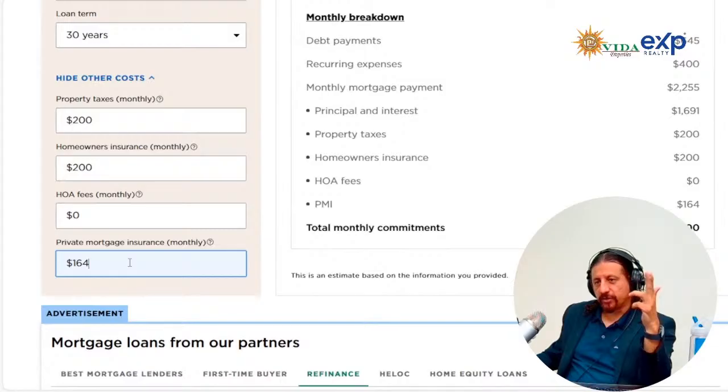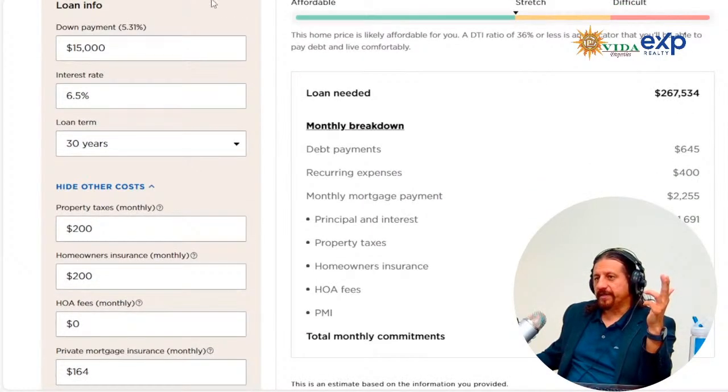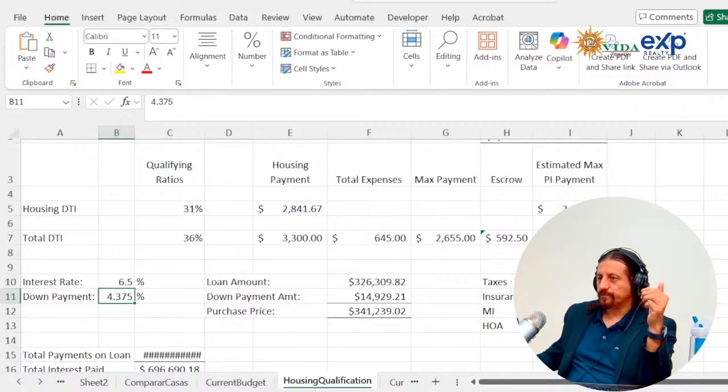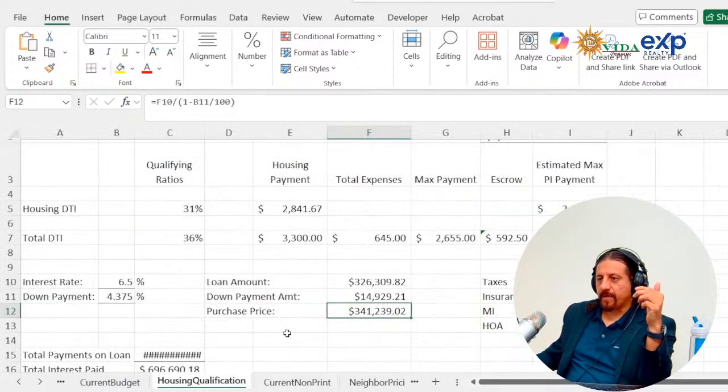So this actually has to go higher. And if I do the math here, they're saying home price of $282, loan needed at $267. So if I bring up my spreadsheet here again, I actually have another qualification.